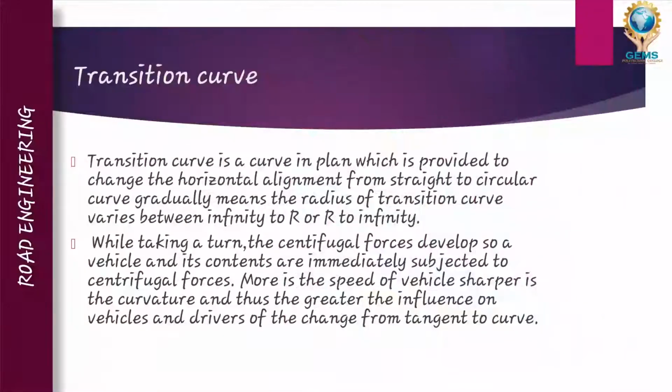Next is transition curve. A transition curve is a curve in a plane which is provided to change the horizontal alignment from straight to circular curve gradually, which means the radius of the transition curve varies between infinity to R or R to infinity. For example, if the road is going straight in horizontal alignment, it can again change into a circular form to change its alignment.